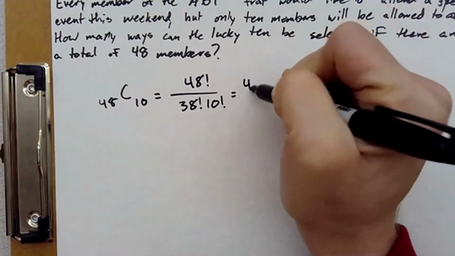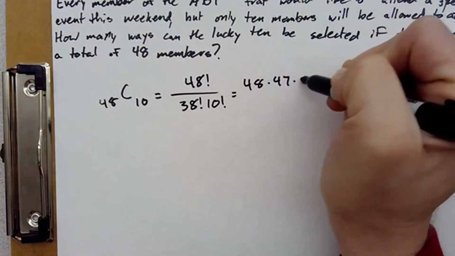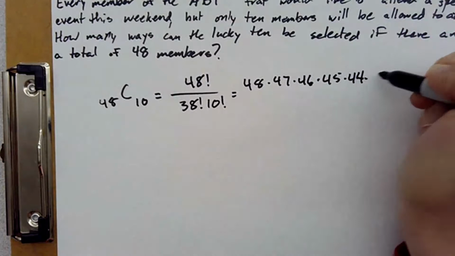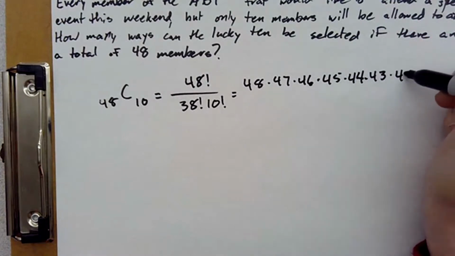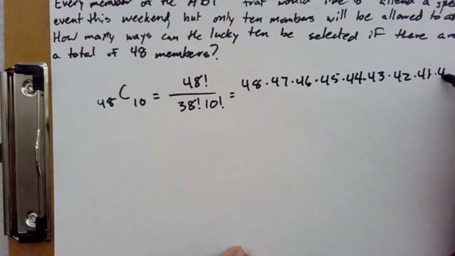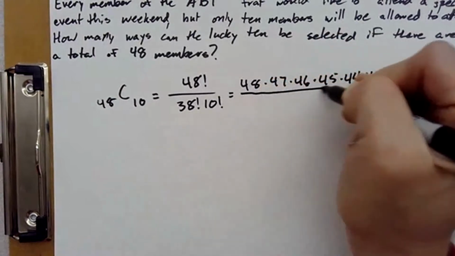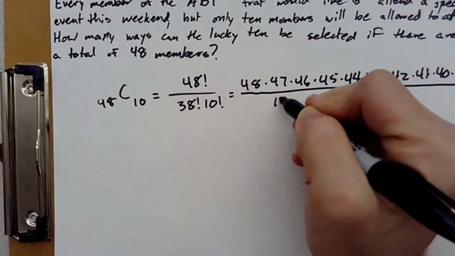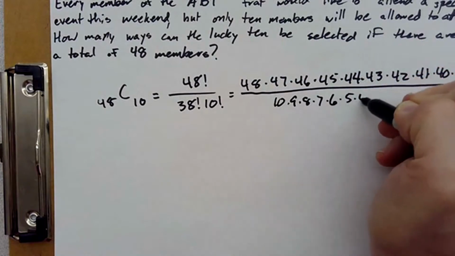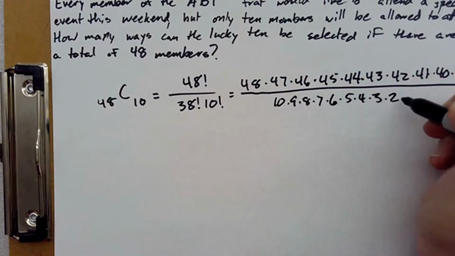So that's 48 times 47 times 46 times 45 times 44 times 43 times 42 times 41 times 40 times 39 over 10 times 9 times 8 times 7 times 6 times 5 times 4 times 3 times 2.